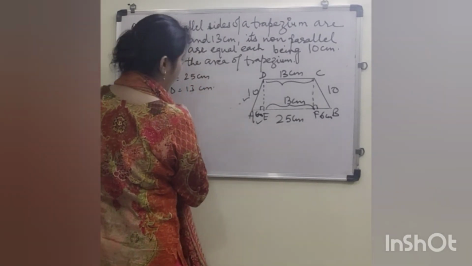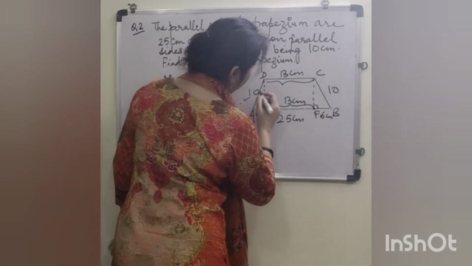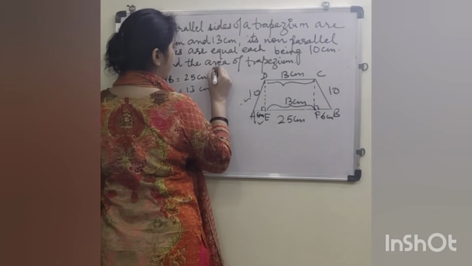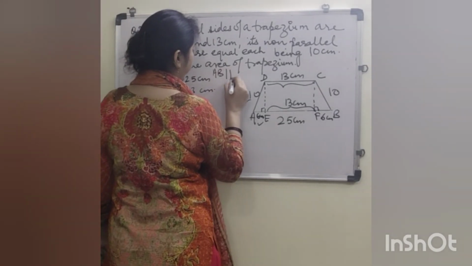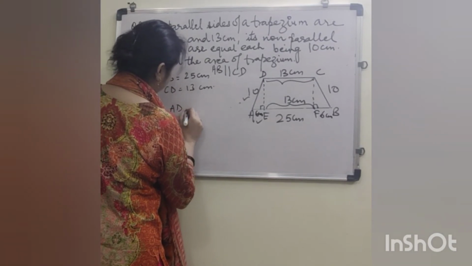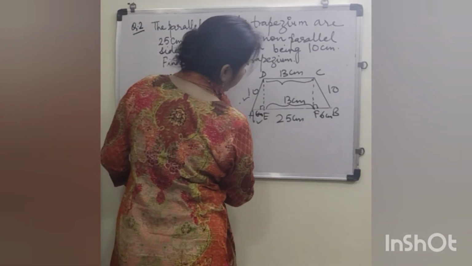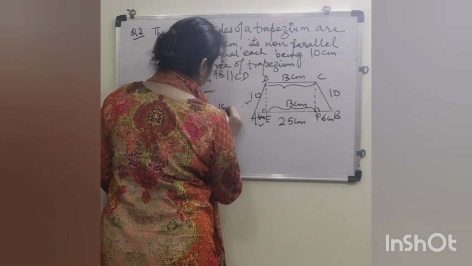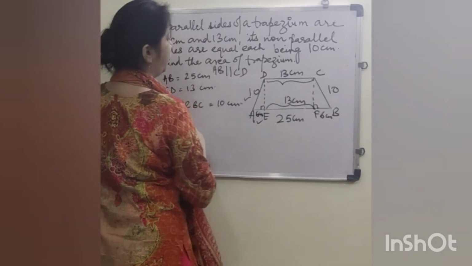And these AD and BC, the two non-parallel sides, they are equal to 10 centimeter each.